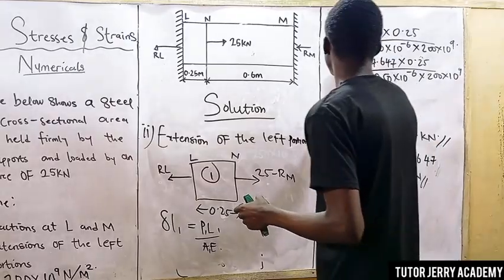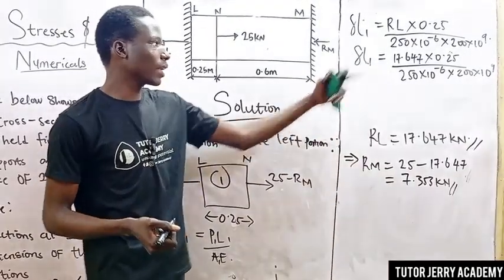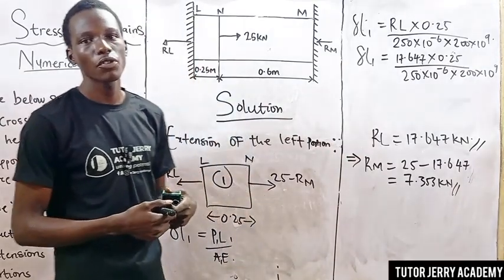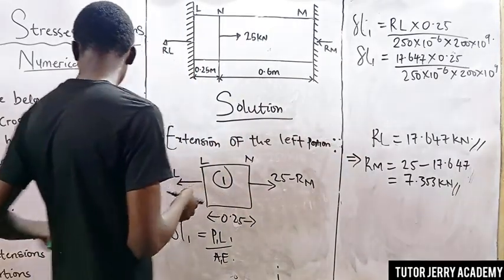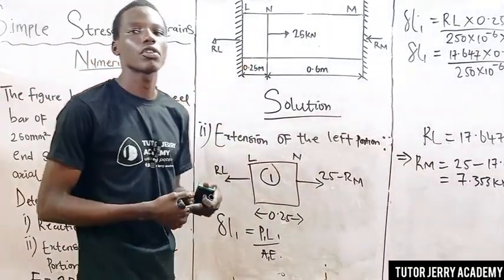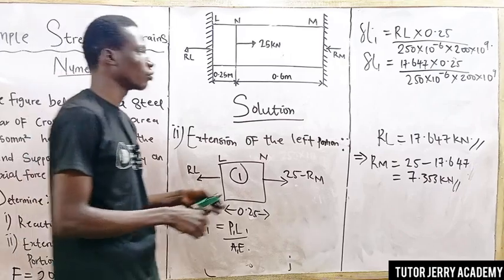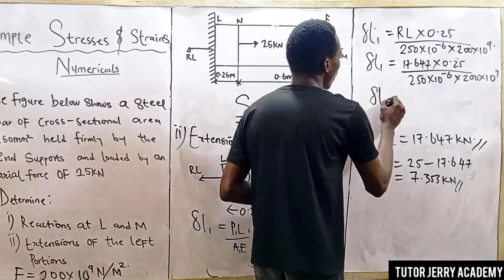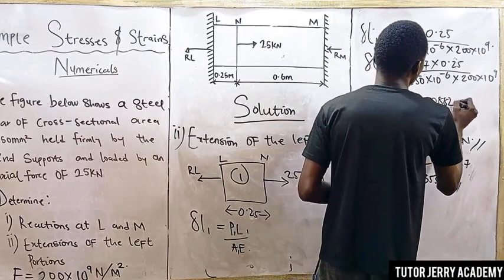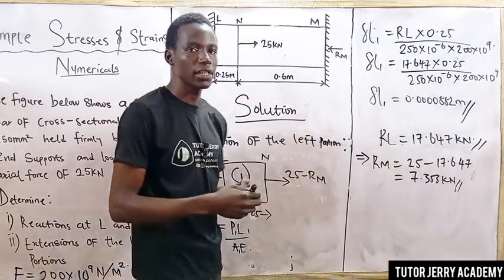So L1, that is of the first section, if you multiply the numerator, multiply the denominator and divide them, you have your elongation or extension of the left portion, which is 0.0000882 meter. So L1 is equal to 0.0000882. This is our extension of the left portion.